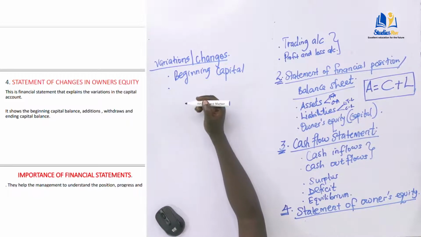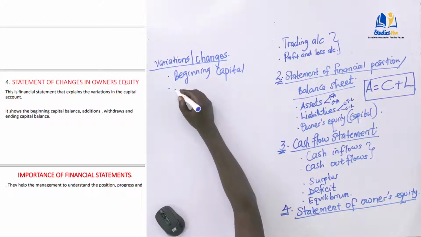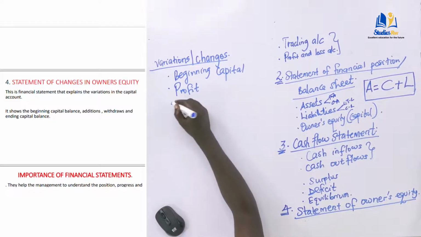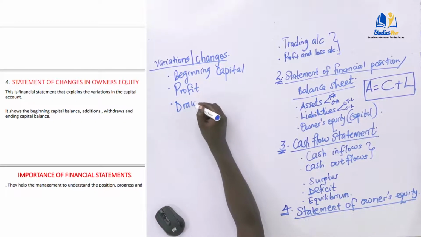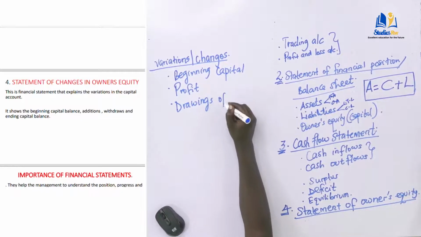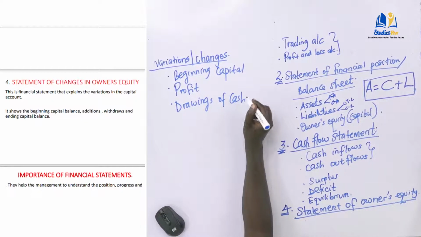Then throughout the trading period, in due course, you made a profit. So that profit must be added. Then you made drawings of cash. You drew out some cash for private use.